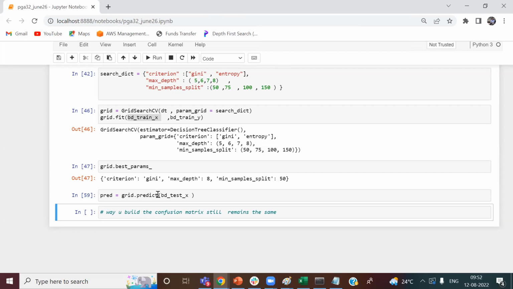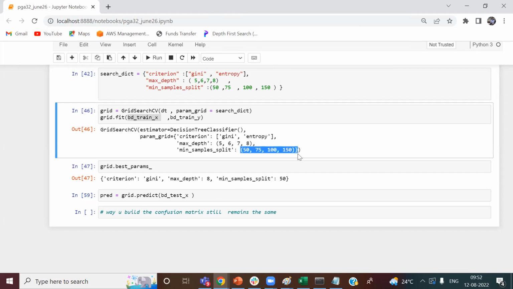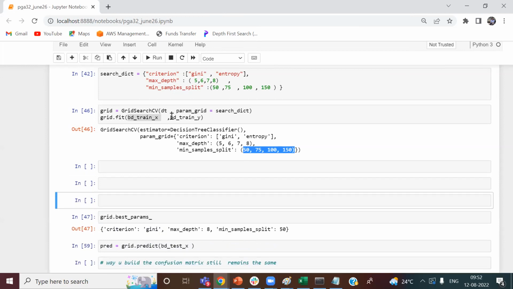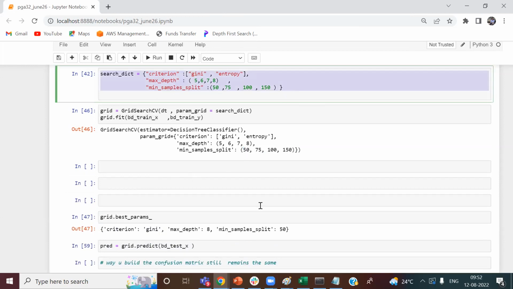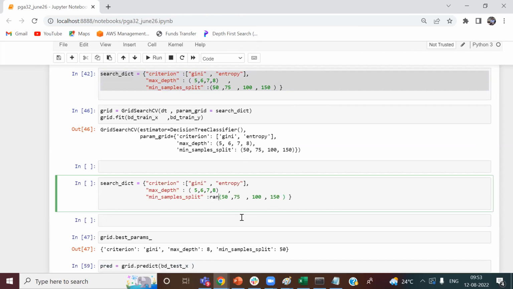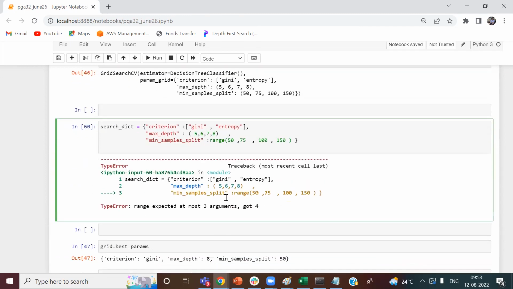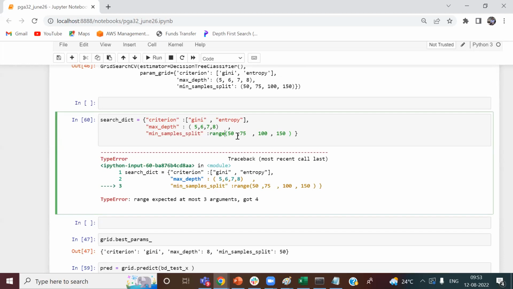Range expected at most 3 arguments, you got four. देखो हो क्या रहा है, अगर तुम रेंज लिखोगे ना तो तुम नंबर्स नहीं डाल सकते हो। अगर तुम नंबर्स डाल लो, यहाँ पे डायरेक्टली नंबर्स डाल लो, then you remove the word range. ठीक है ना। पर मैंने तो रेंज लिखा नहीं है, कहाँ से आ रहा है रेंज वर्ड? चार्ट पे पेस्ट किया था वो। नहीं नहीं, देखो कैसा है। Don't get confused guys, everyone again have a look. Suppose if I use this word, if I say range, तो हो सकता है मेरे को एरर आए, because range जब हम डालते हैं तो we give the starting and we give the ending. आ रही बात समझ में?